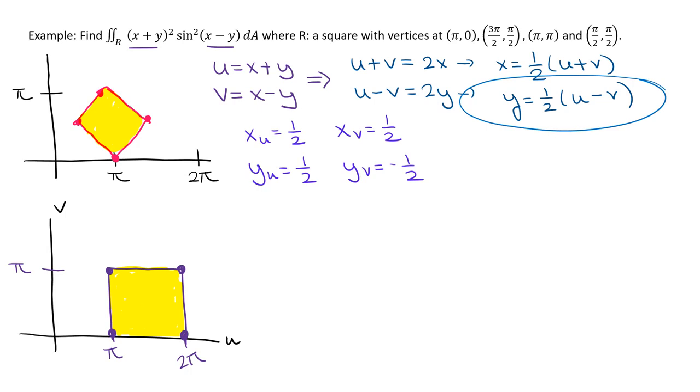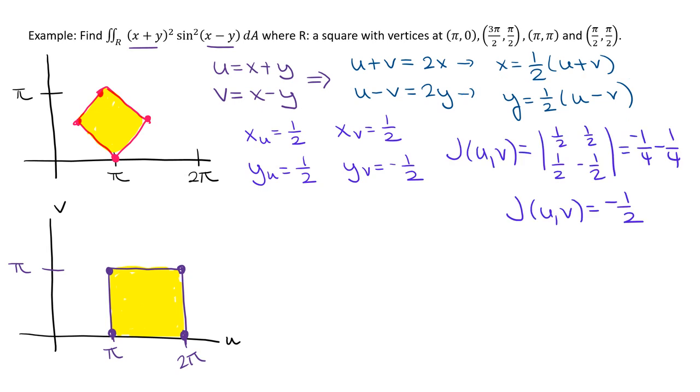Derivative of y with respect to u is 1/2. V is negative 1/2. And then I'm going to set up that Jacobian. So I put my derivatives of x on the top, y on the bottom. And then 1/2 times negative 1/2 is negative 1/4. Minus 1/2 times 1/2. So minus 1/4 is minus 1/2.